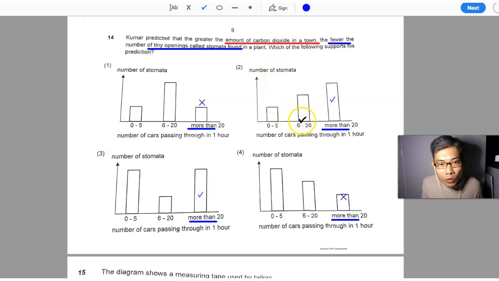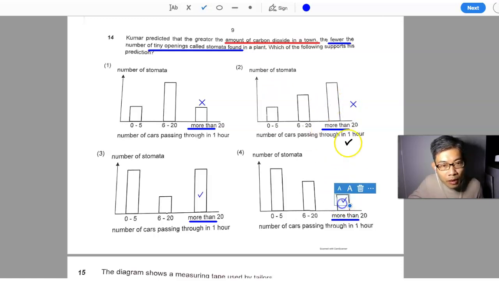Now, so greater, oh, sorry, I misunderstood this. Let's start this again. Here I misunderstood because, you see, a mistake can be made. I must match with this, the fewer. So if I say this is correct, it means more carbon dioxide and more number of stomata. This is wrong. So actually I should switch this around.